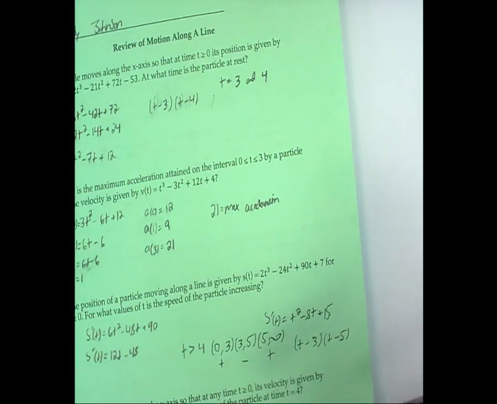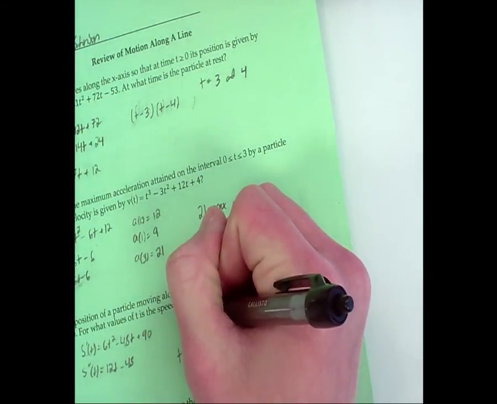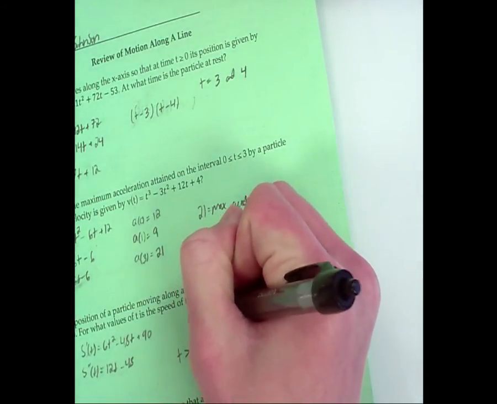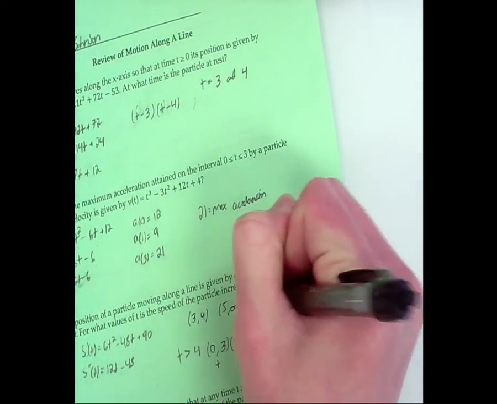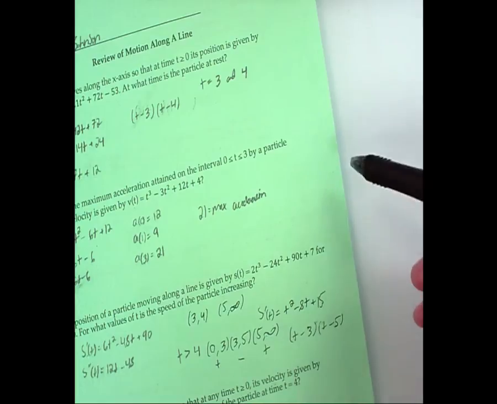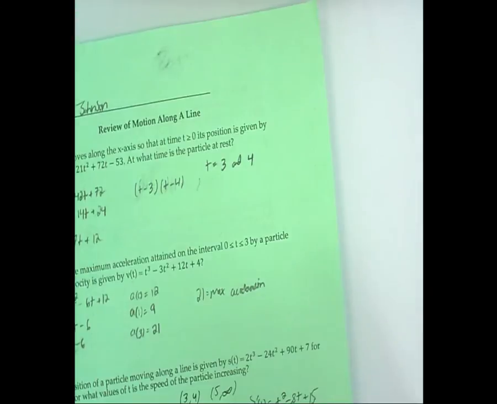Yeah, which is good from 5 on. So we have 2 intervals: from 3 to 4 and from 5 to infinity. Very good, excellent. I'll show a graphic on that in a bit.